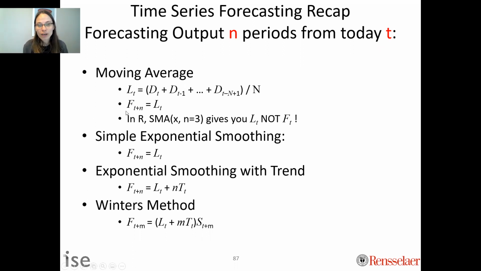One thing to point out is that the step of picking an appropriate forecasting method is really crucial, because whatever happens in the past is assumed to happen in the future. If in the past the only systematic component we had was L of t, meaning a level, then in the future we assume it's the same going forward.